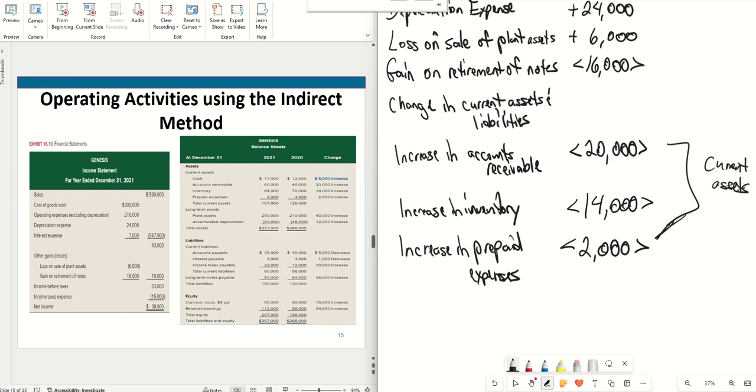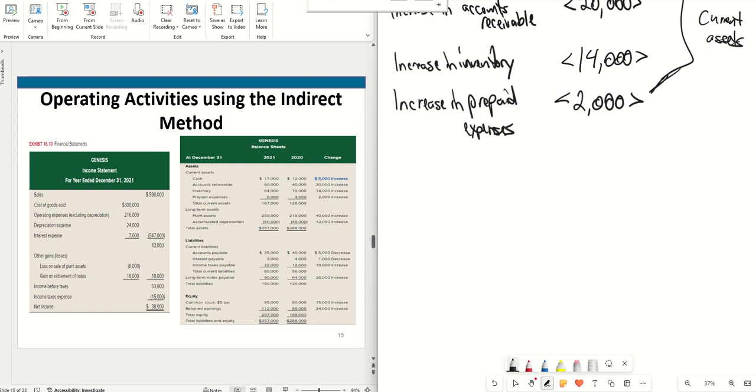Now we're going to go to the last section, which is your current liabilities. So we drop down to the current liabilities in the balance sheet. We have accounts payable, and this will be a decrease in accounts payable. It looks like it decreased by $5,000.